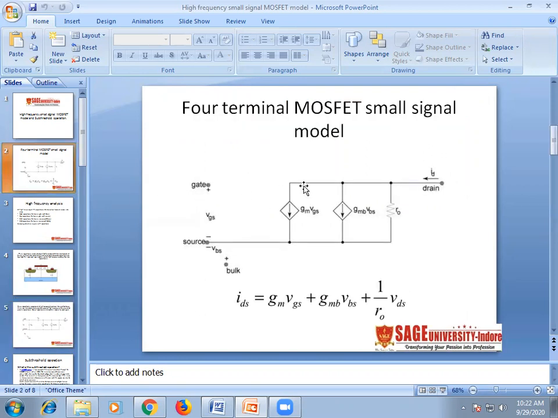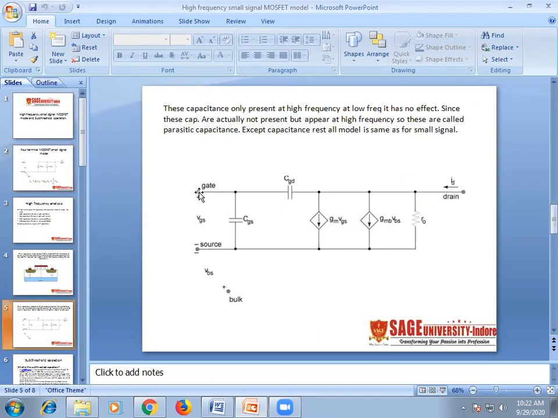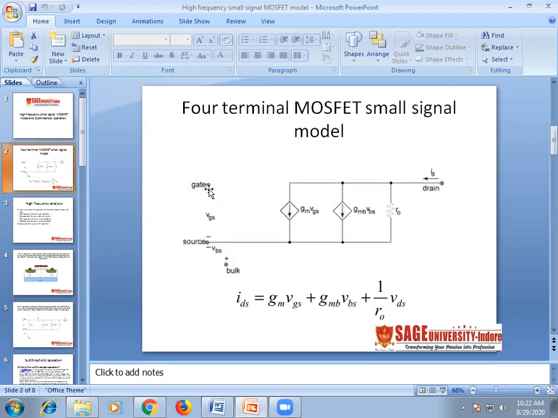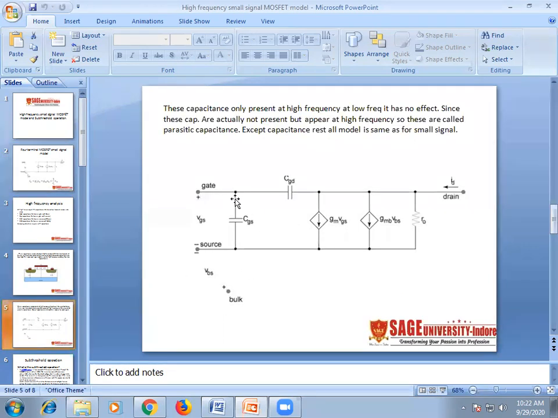Earlier you see here, between gate and drain there was no connection. Now in this model you have a connection between gate and drain, and in this we are applying a capacitance CGD. Along with that, gate to source was earlier open, but at high frequency it behaves like a short with a capacitance provided as CGS. So at high frequency, these terminals provide a capacitance CGS and CGD.